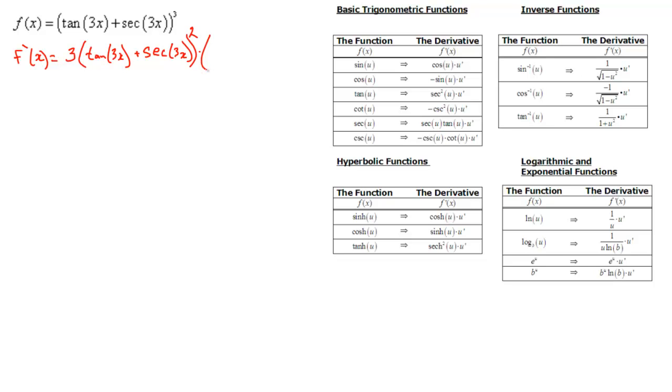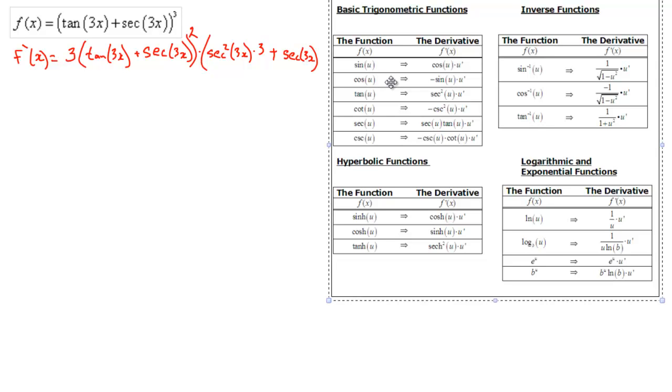Times the derivative of the inside, well, the derivative of tan is secant squared of 3x, multiplied by the derivative of 3x, which is 3, plus the derivative of secant 3x. So secant 3x, the derivative is secant 3x times tan 3x.